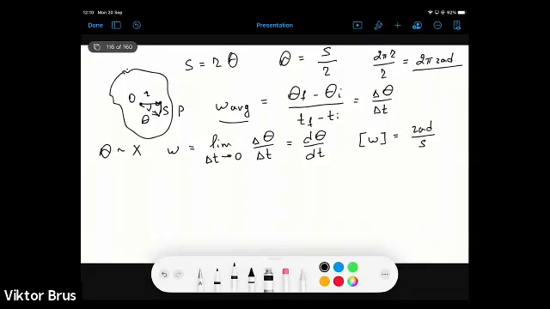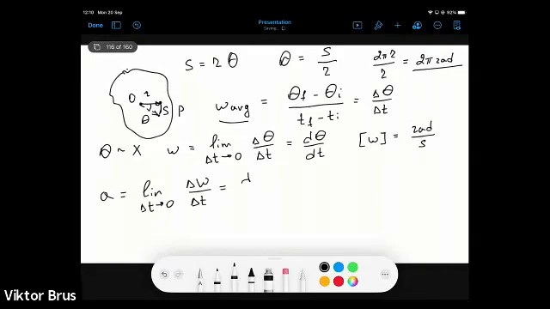Following the same steps, we need to go further to angular acceleration. Let's call it alpha, equal to the limit as delta t approaches 0 of delta omega over delta t.